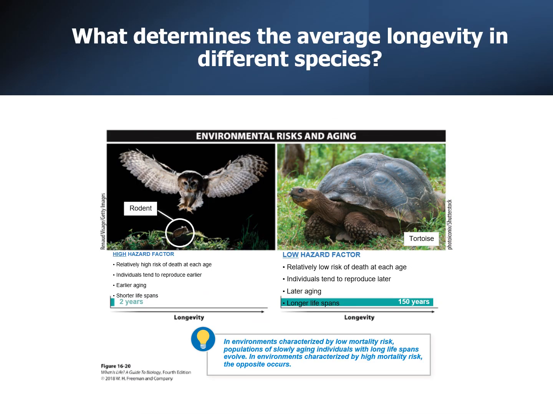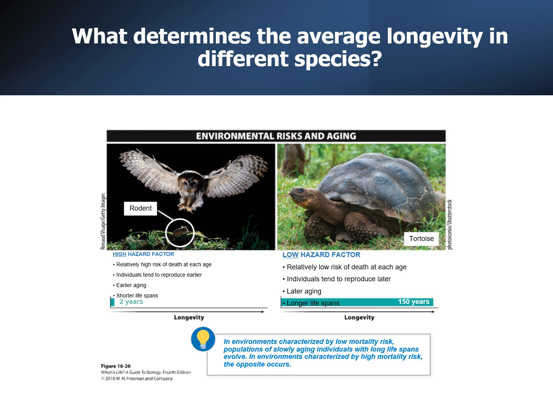So what determines the lifespan of various species, which we will look at as longevity, which is what we called it in life histories. So longevity is going to be determined by essentially environmental risks or hazards, if you will. So high hazard factors are going to result in species that age very quickly.